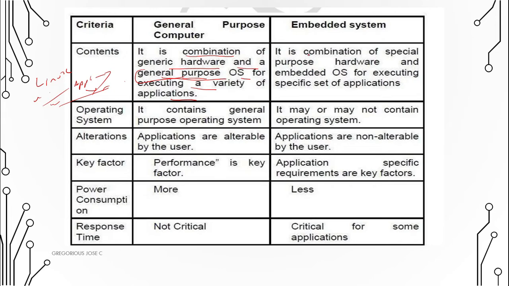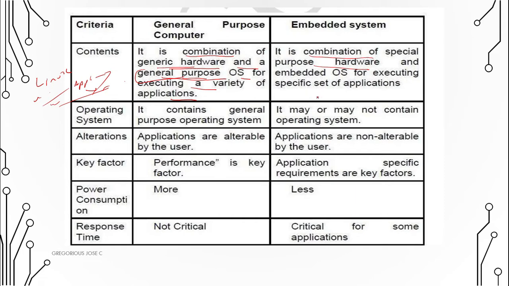An embedded system is a combination of special purpose hardware only. A general purpose computer consists of generic hardware. Generic hardware consists of a microprocessor that can perform a variety of operations, such as sound enhancing, modulation, and such things. So in an embedded system, there is only a particular purpose.